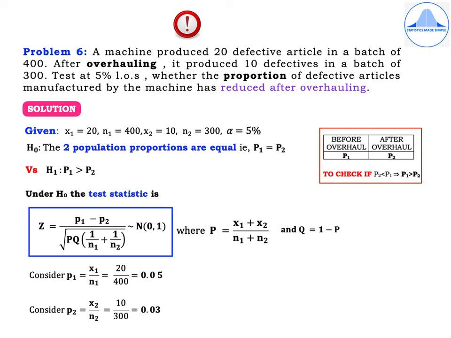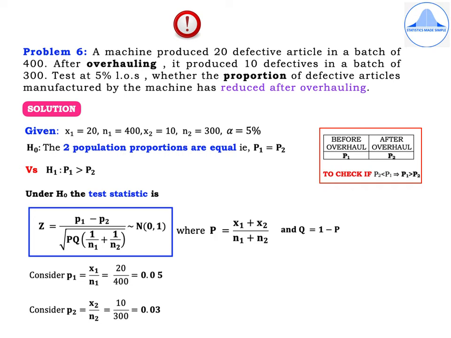But whenever we write the alternative or the null hypothesis, we should have P1 first and then P2. So here P2 is less than P1, in other words P1 is greater than P2. So our alternative hypothesis will be H1: P1 is greater than P2.